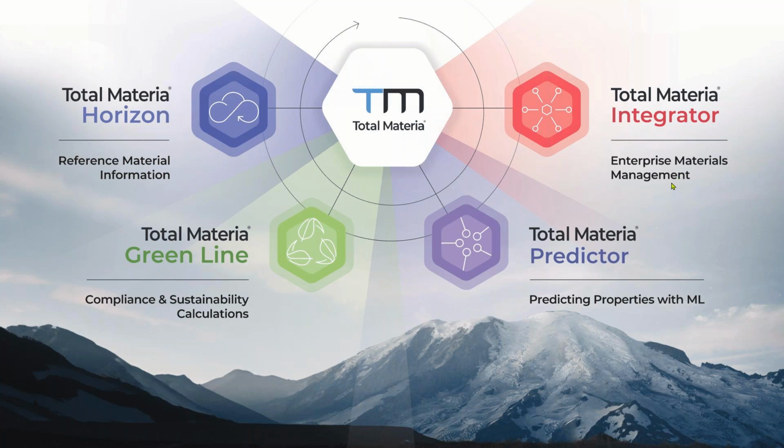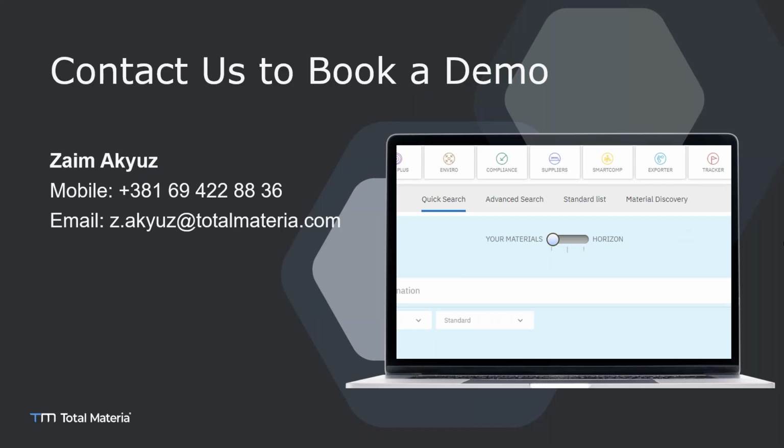Okay, Zaim. Thank you very much for joining us today for the first session of our webinar series. Remember, this is the first one. Obviously, Total Materia is more than just a database. It's an engineering decision engine that eliminates guesswork, right?